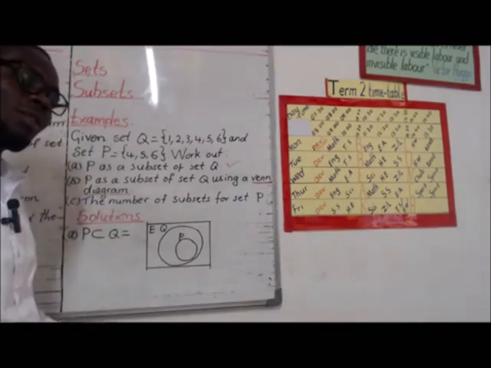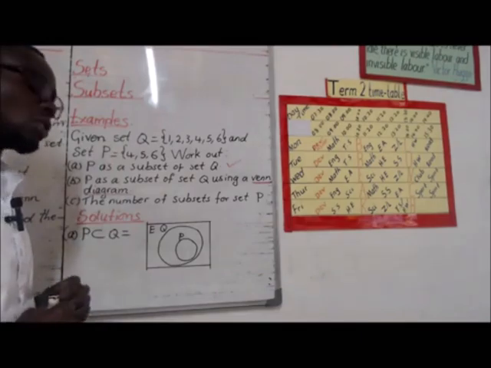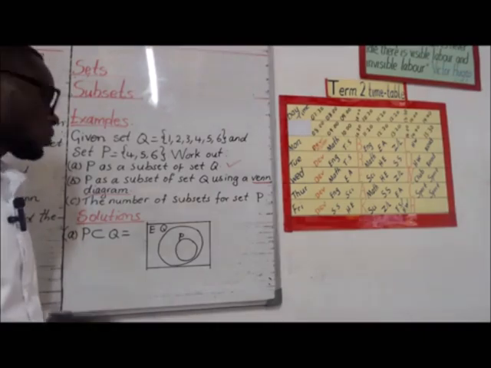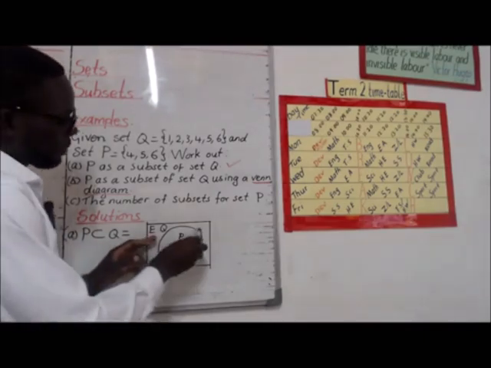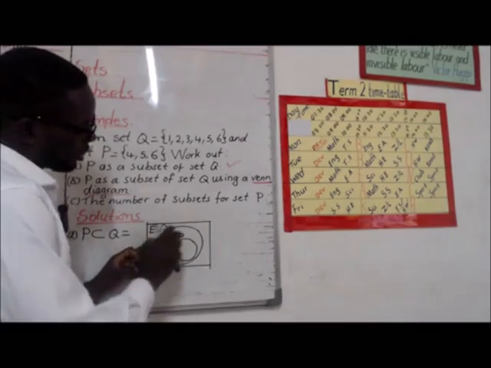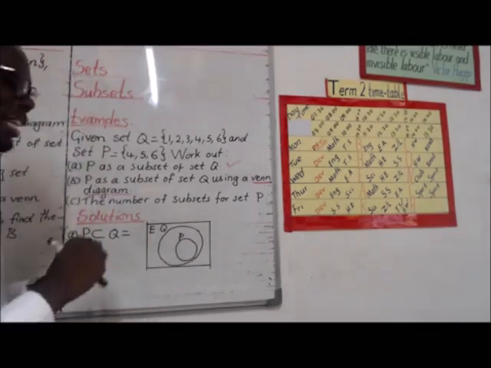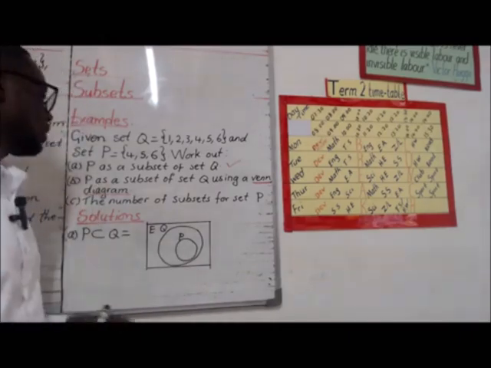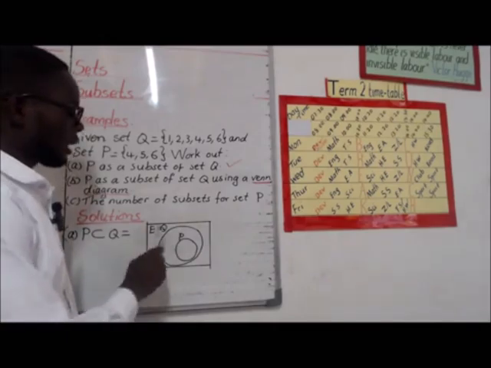So it's going to be within the bigger, or mother, set. This is why I have drawn the big circle showing set Q, and inside of set Q I have drawn a smaller circle and named it set P.